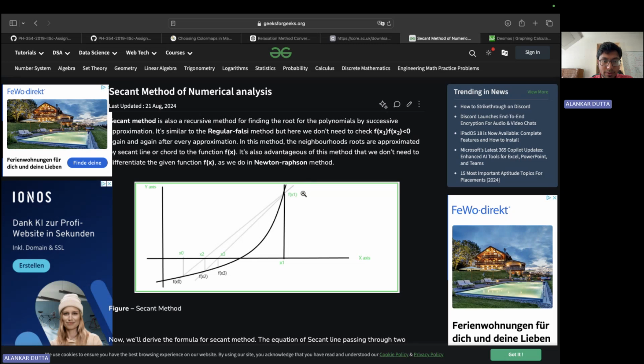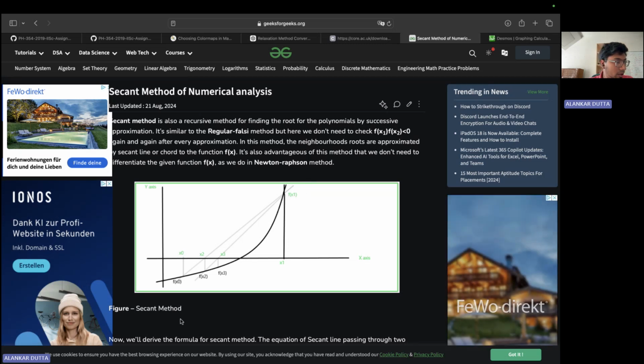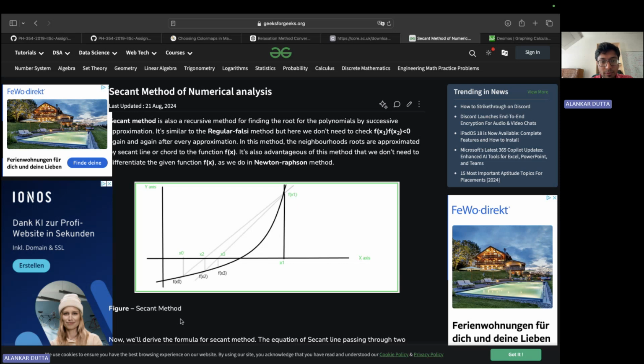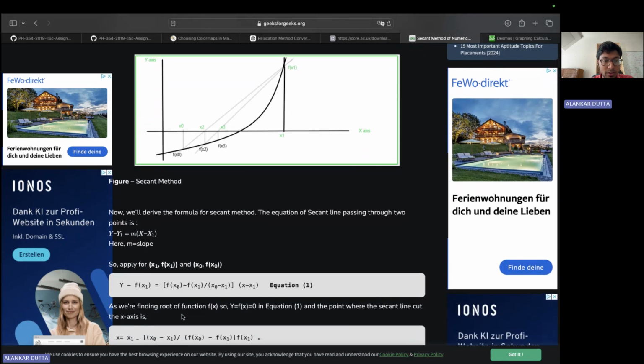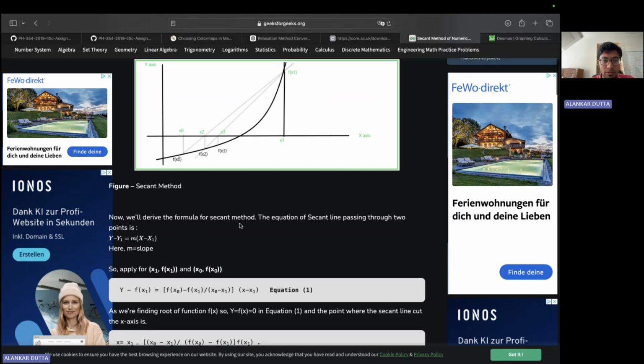The idea here is that we draw lines. That's why these are called secants, and we try to find the value based on that. This is very similar to Newton-Raphson, except that we do not need to derive it. Okay, so now we'll derive the formula for the secant method.